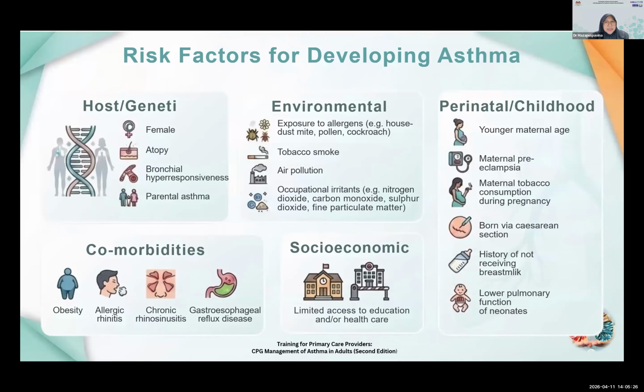Then I go next to the socioeconomic factors. Socioeconomic status is another factor because of limited access to education or healthcare, so patients tend not to take care of their health. And the last I want to touch on, which is very important to consider when you are seeing an asthma patient, is the comorbidities. Again, I have to emphasize obesity. Obesity is a risk factor for developing asthma.